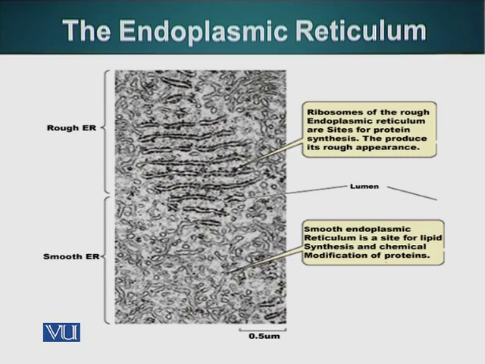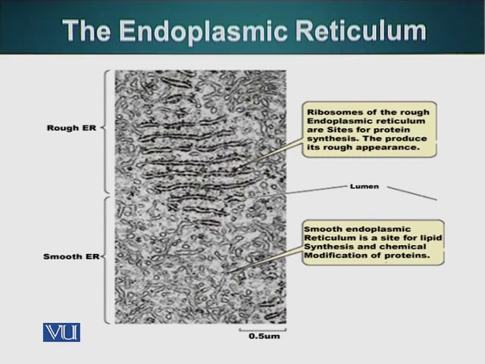For example, if a protein molecule has to go to lysosomes, certain carbohydrate molecules will be attached to it. Cellular machinery will recognize this protein, package it in a vesicle, and send that vesicle to the lysosome. The rough endoplasmic reticulum so performs two very important functions: glycosylation of proteins and also segregation of proteins.